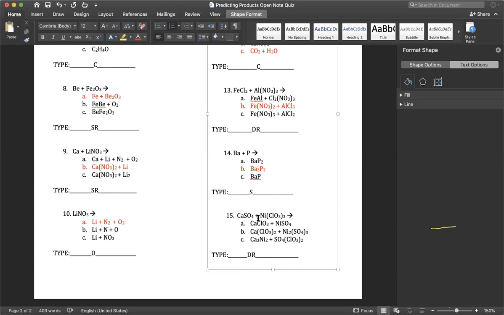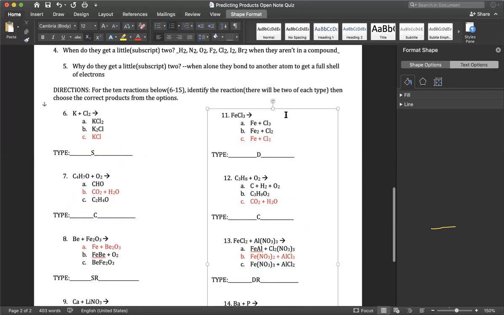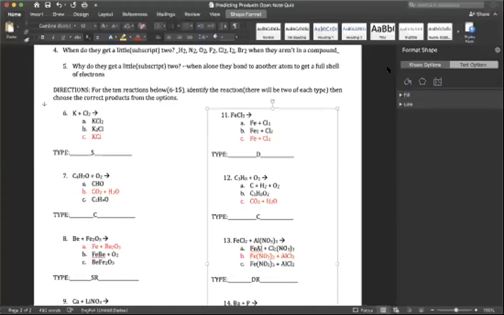Yes, it is right. So which crisscross is correct, A or B? B, because calcium's a 2. Okay, so we got that. That's really all we've got going, and this is what your problems are going to be like. So give me 2 seconds here.